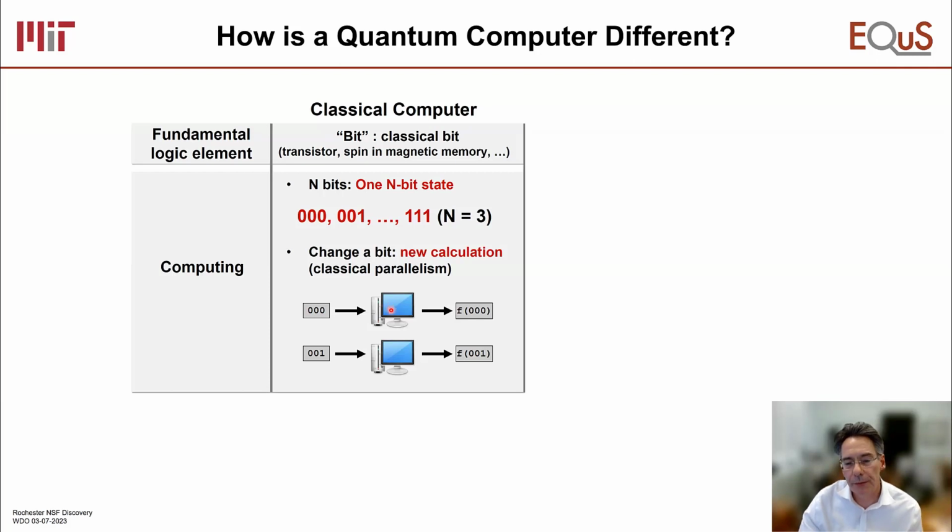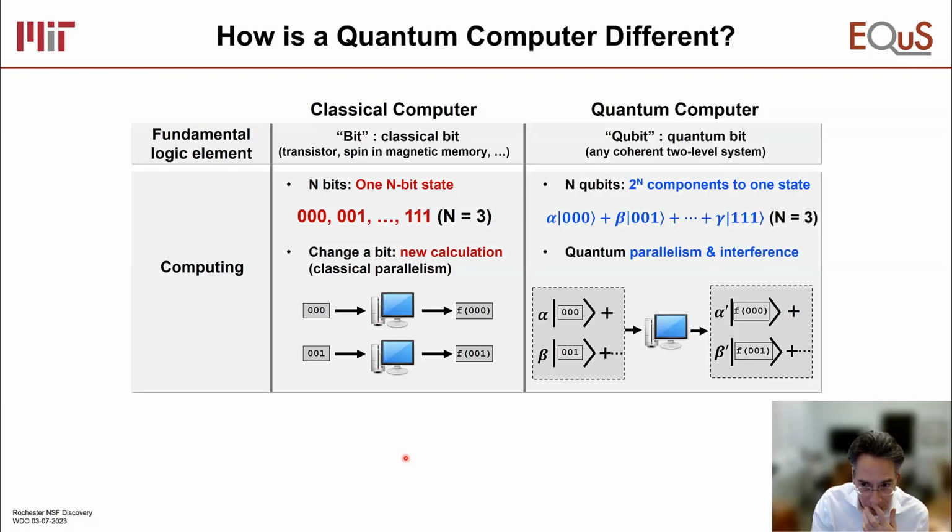Alternatively, we could buy 8 different computers and in parallel, at the same time, feed in a unique state into each one and get the output. Either way, with an exponentially large number of states for n bits, we would need either exponential time or exponential hardware.